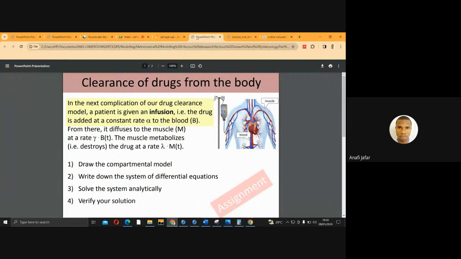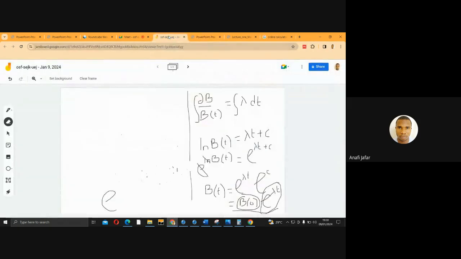So now, let me draw the one. Sorry for this drawing because it does not look neat. Maybe I will use another board next time, but it will show clear.